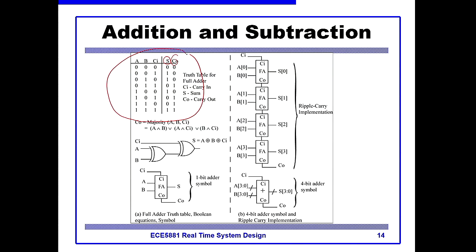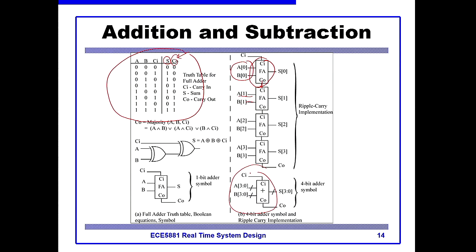So that carry out then feeds to the next stage. So we have our full adder here. We're adding the low order bits. We carry out and add that to the next order bits and so on. So that's a ripple carry adder that you should have seen in your earlier work, and you can represent that with a multi-bit version that you see at the bottom.